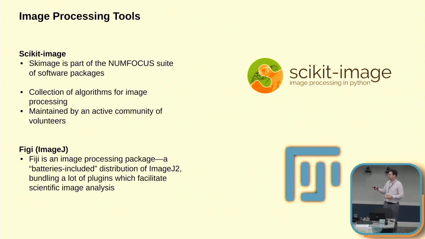Outside of that, another good tool in your image processing journey is something called ImageJ. I don't know if you've used that before, but the latest version is called Fiji, and it's a distribution of ImageJ with a lot of good different packages for scientific image analysis on the go, batteries included.